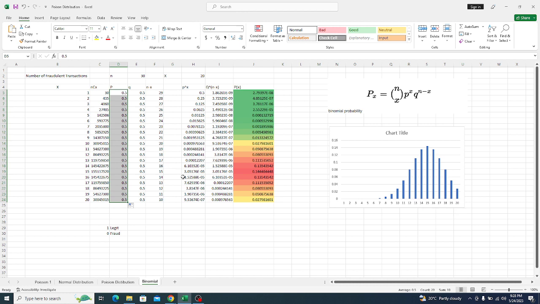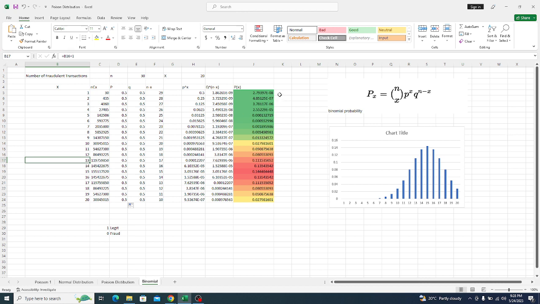If the case is 50-50, meaning we can have a fraud or a clean or legit transaction, so it will also be 50-50, and the probabilities will also shift to almost the 50 area. Okay, that is from 10 to maybe 17. So meaning the probability of getting 13 legit and also 13 fraud transactions is high.